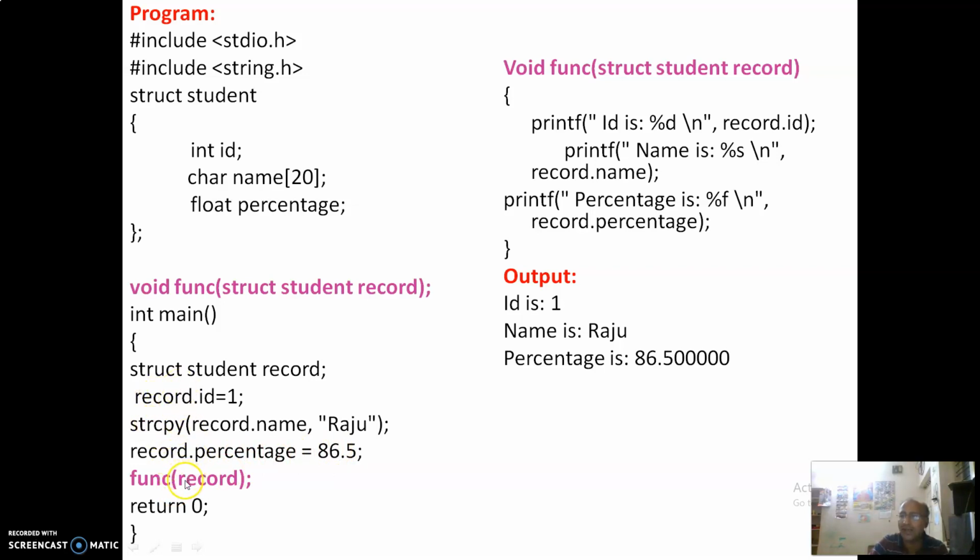Now we are passing the structure as the function parameter, that is the record. Understood? Now void funC(struct student record), printf record.id, printf record.name, printf record.percentage. Like this we can pass.